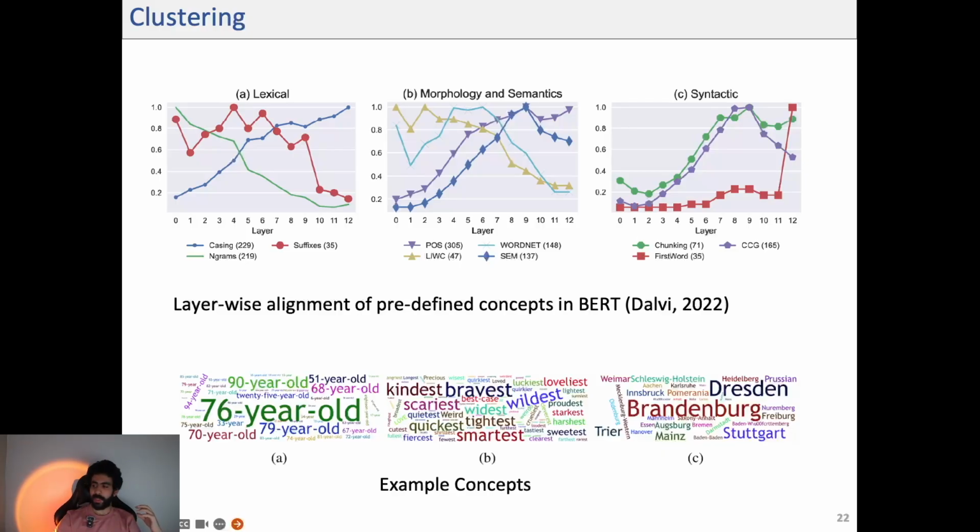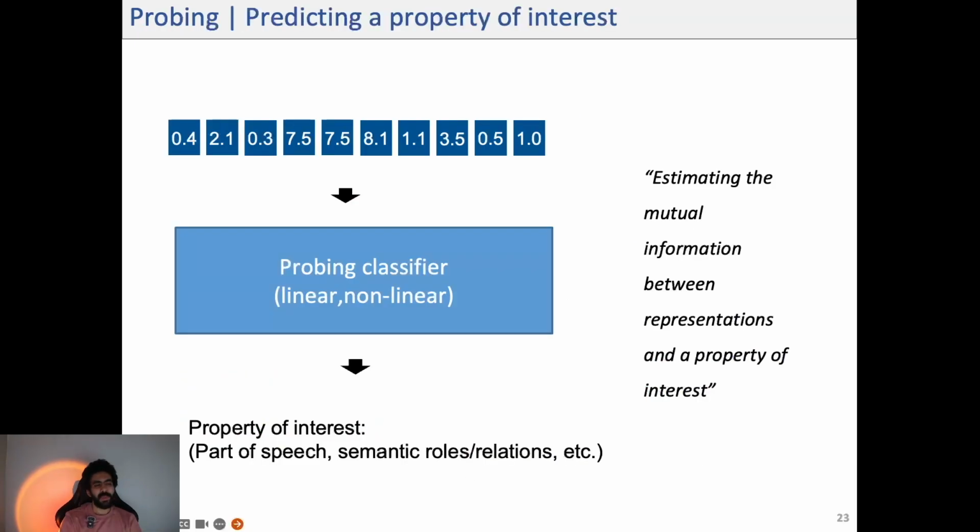Once we have our embedding, like this vector here, we try to probe it for certain properties. We feed it into a probing classifier like shown here, which can be a simple linear model or something more complex. And we train it to predict some property of interest, which could be part of speech tags, semantic roles, grammatical features like tense, number, or even biases or moral framings.